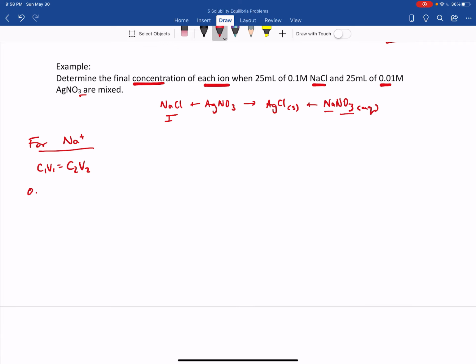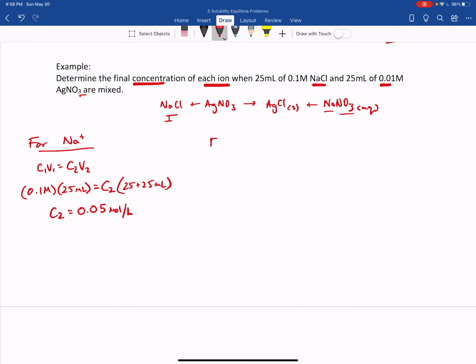So it's 0.1 moles per liter, and its volume is 25. We're trying to find its final concentration, and its final volume will be the total of the two, so 25 plus 25 milliliters, because they'll be mixed. So in this case, we're doubling the volume, which means the concentration will be halved, and you can check that if you'd like to punch it in. So we'll do 0.1 times 25 divided by 50, which gives us 0.05 moles per liter, or half.